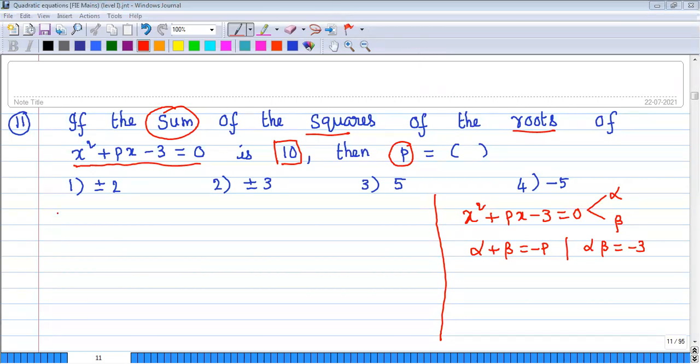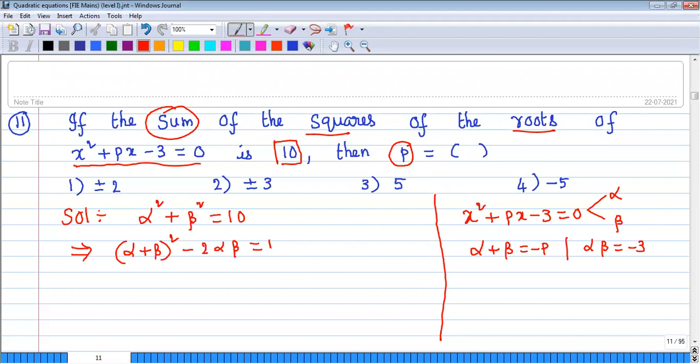So here, given that alpha square plus beta square equals 10. This alpha square plus beta square can be written as alpha plus beta whole square minus 2 alpha beta equals 10. According to the problem, alpha plus beta is minus p, alpha beta is minus 3. So let us substitute.